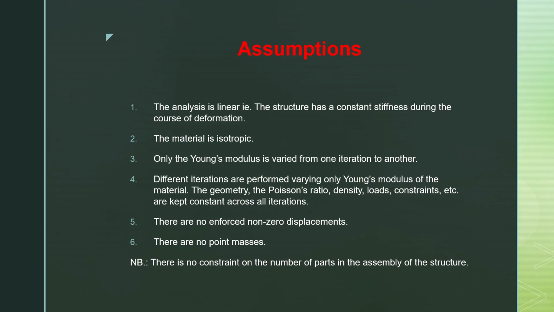It can be any number of parts: one part, two parts, three parts, thousand parts, million parts. It doesn't matter. Ultimately, if the points I have mentioned in the assumptions are satisfied, then this particular analysis holds true.